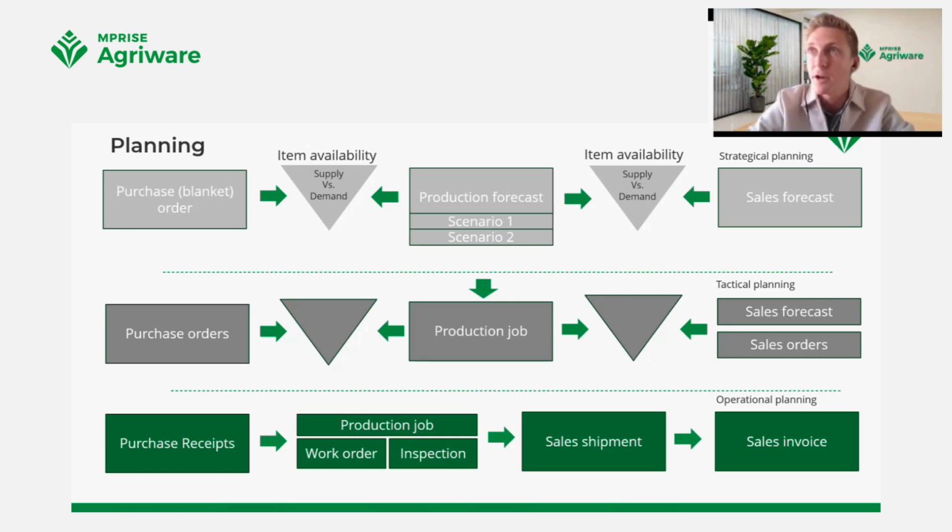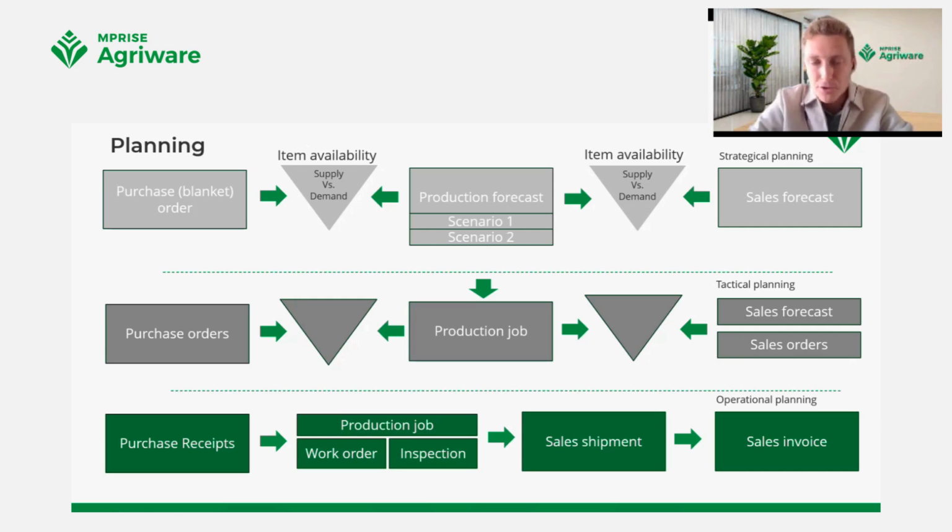Maybe sales expect a very high sales demand for an item that has been long running, but the CEO thinks that we should strategically make other decisions and invest in new items. Then we could raise our production forecast while the sales forecast remains the same.